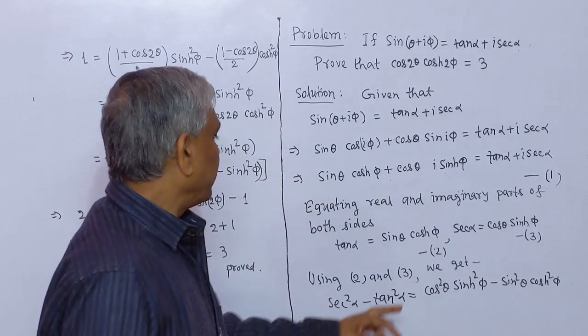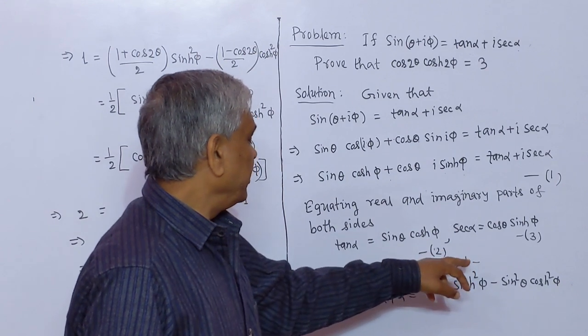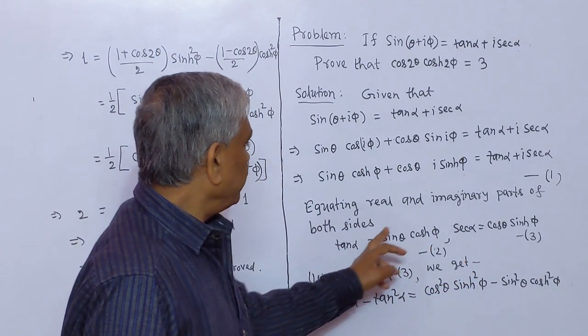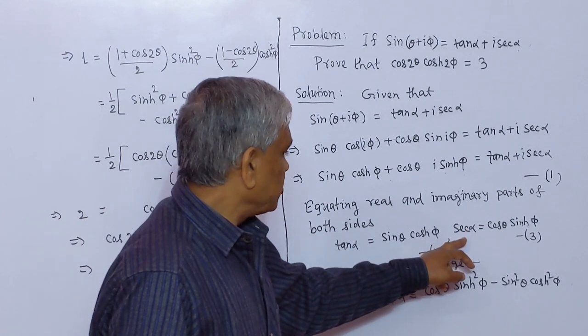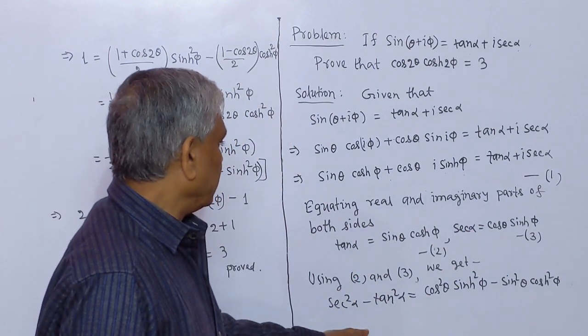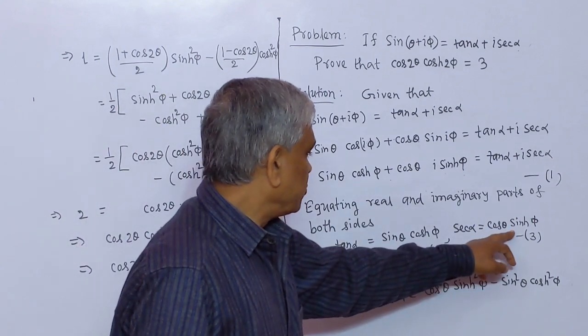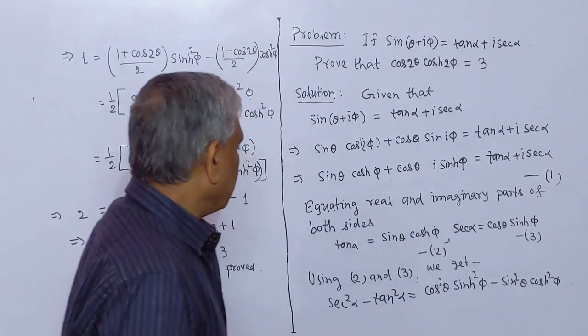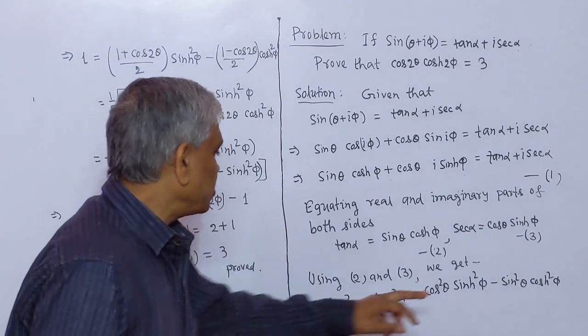Now squaring 2 and 3, then subtract square of 2 from square of 3: sec square alpha minus tan square alpha equal to this square minus this square. Here we use the formula for cos square theta.